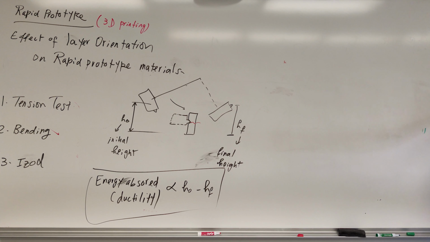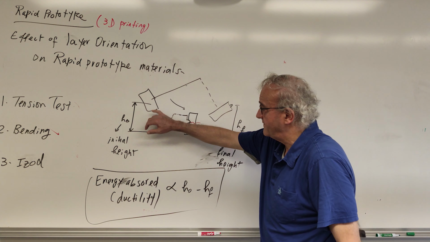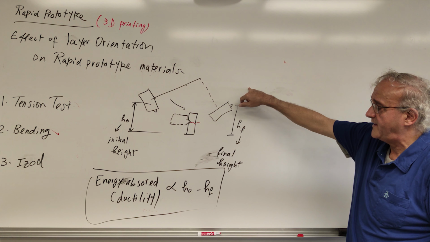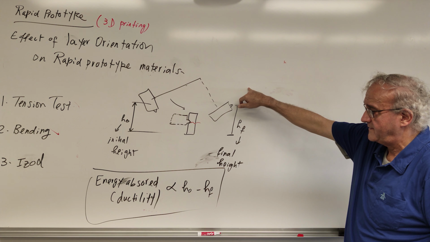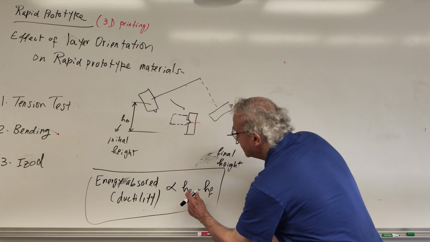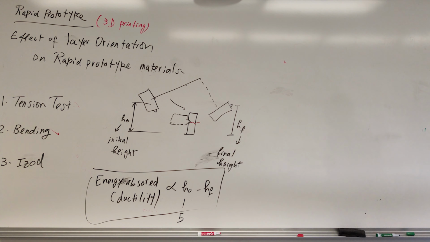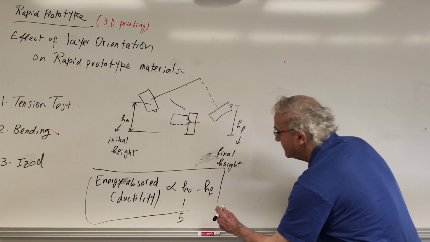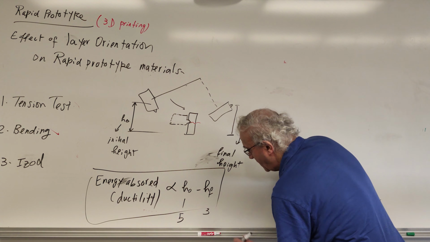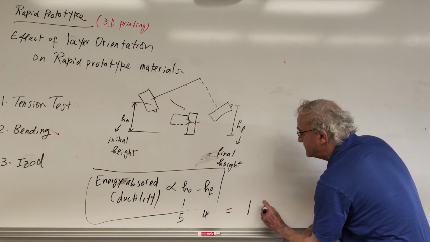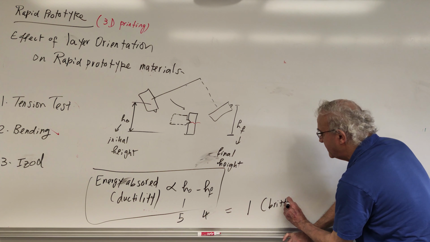So, if the sample is brittle, then this guy is going to break the sample and keep on going high. So let us say that this is 5 and this is 3 or even 4. So 5 minus 4 is going to give you 1, which means it's very brittle.